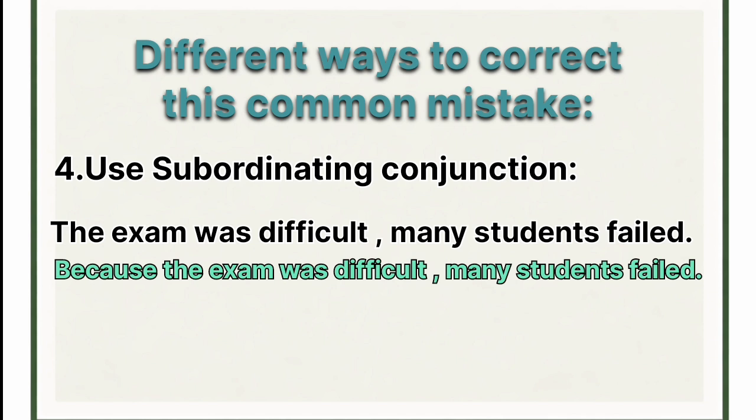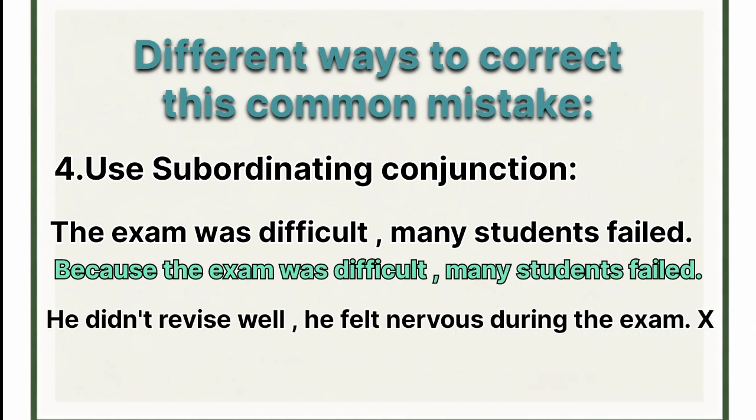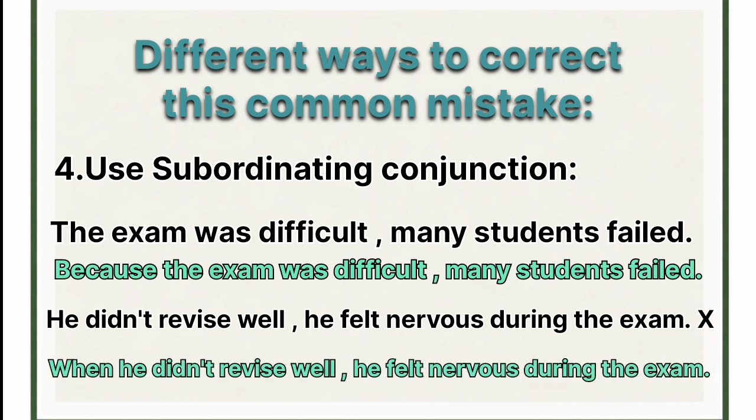The next example is, he didn't revise well, comma, he felt nervous during the exam. We simply use the subordinating conjunction when, and the correction would be: when he didn't revise well, comma, he felt nervous during the exam.